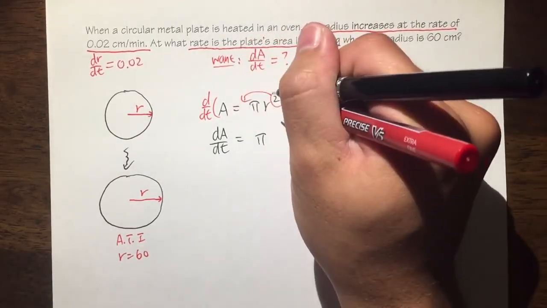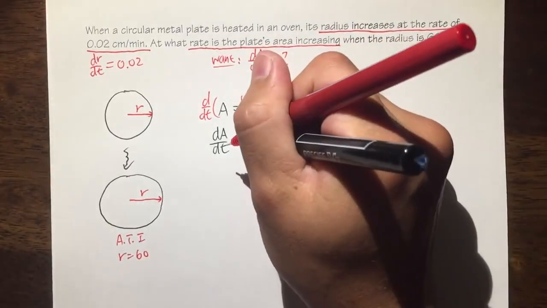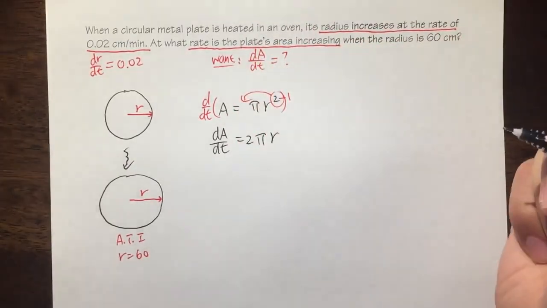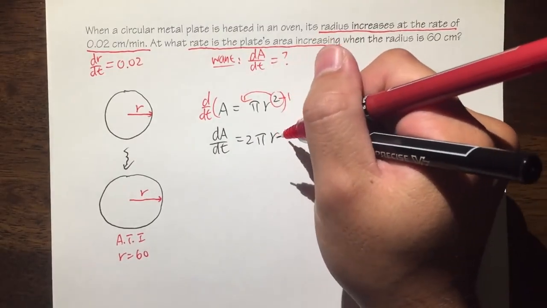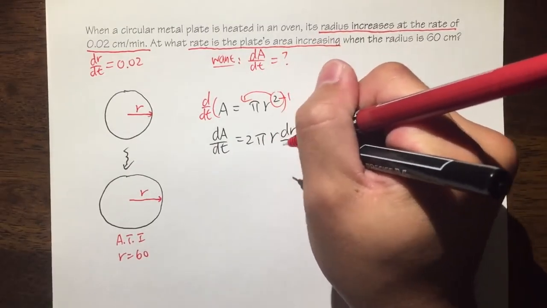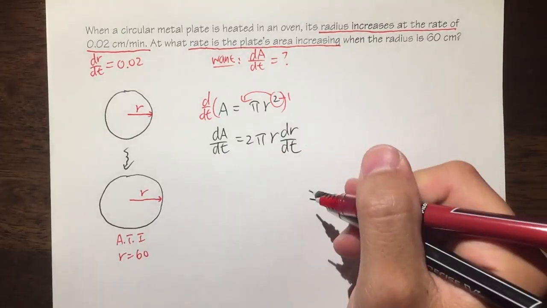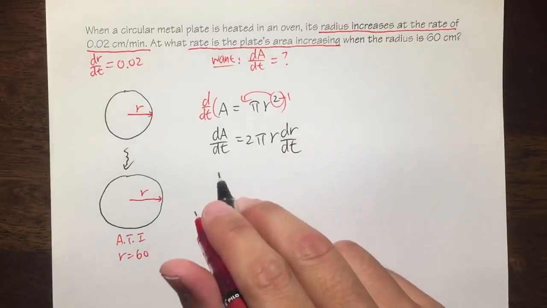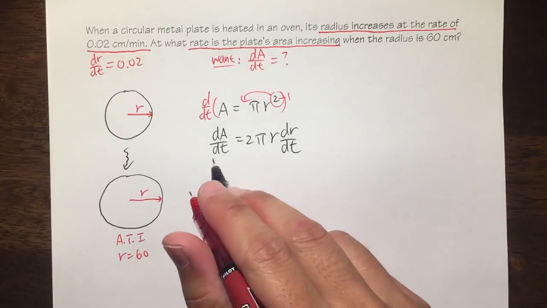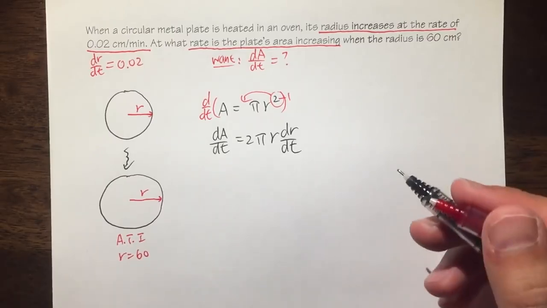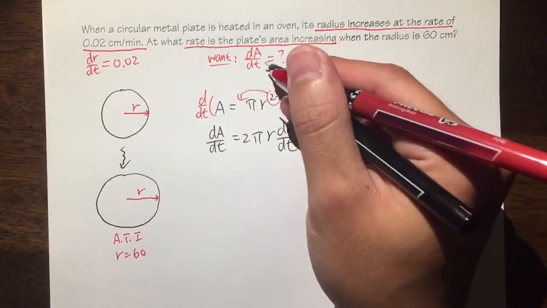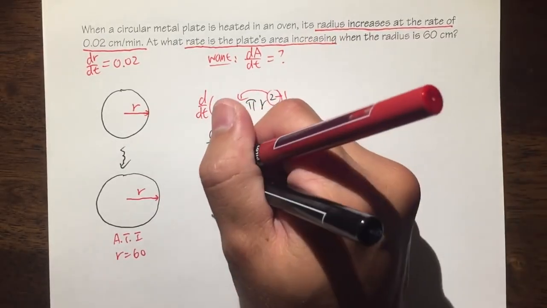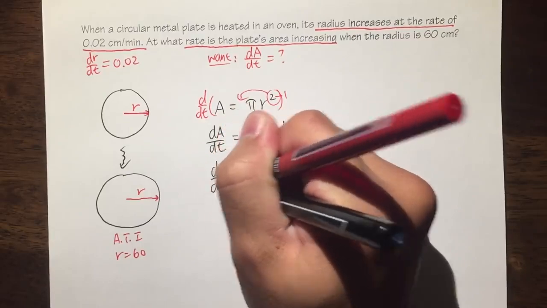Let me bring the 2 to the front, minus 1. So we will have first the 2r like this, and then because r is a function of time, we use the chain rule, and we multiply by dr/dt like this. And now we have this equation relating the rates. That's why it's called related rates.